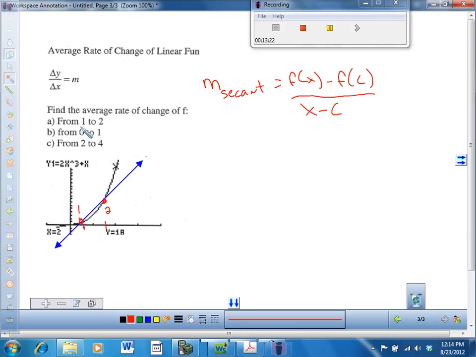And the way you would find it from 1 to 2, I'm sorry, I don't have my function right here. What was that function again? 2x squared plus x? 2x cubed. So f of x equals 2x cubed plus x. Okay?